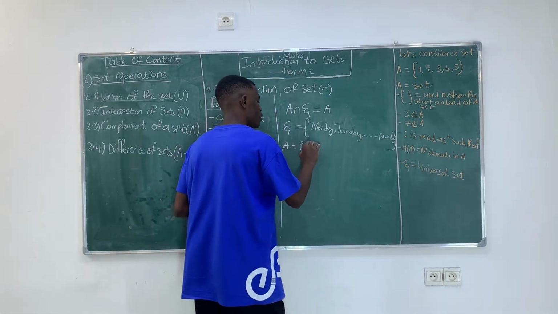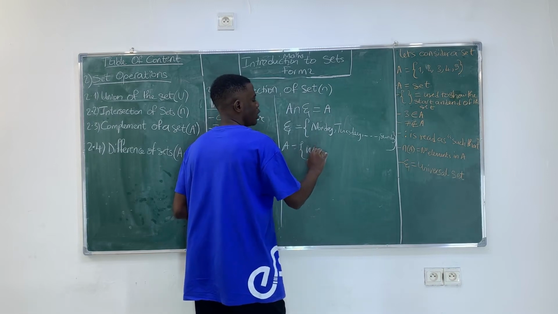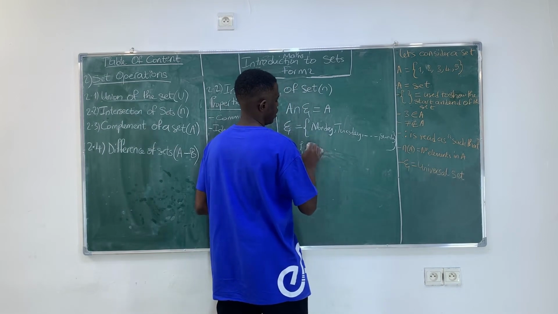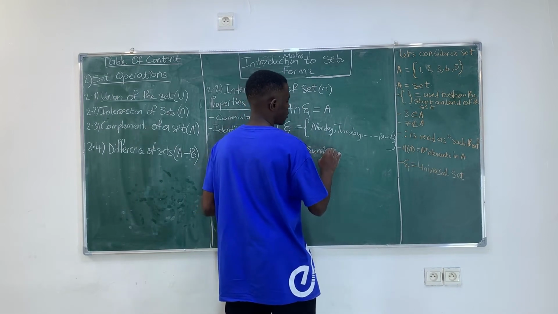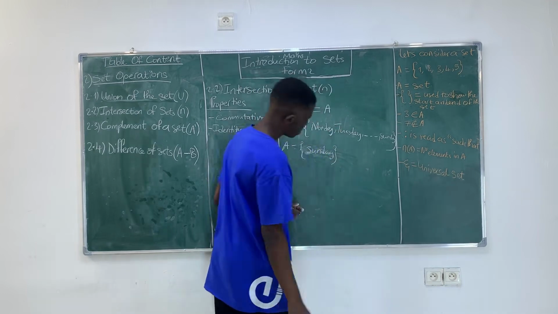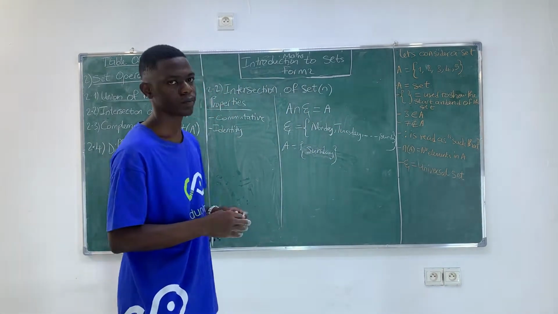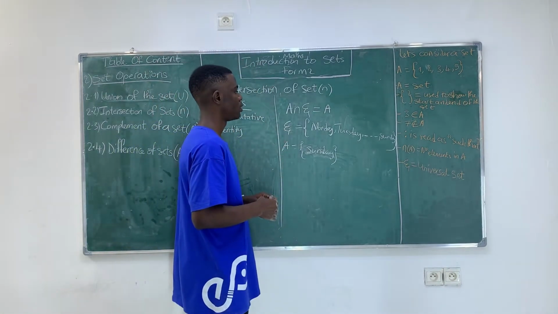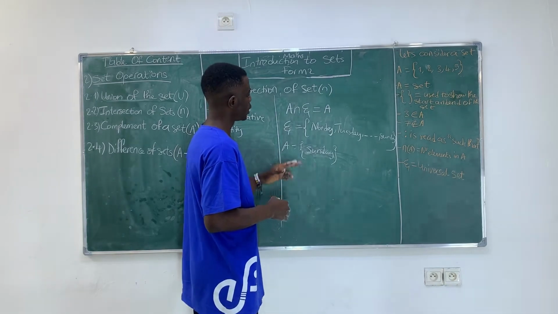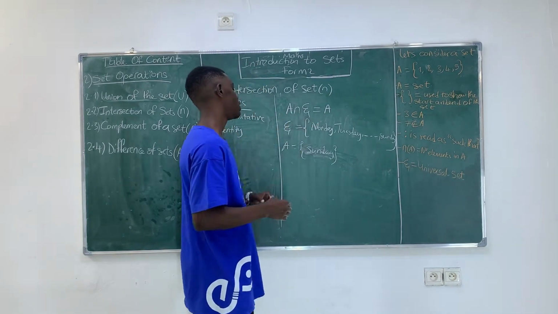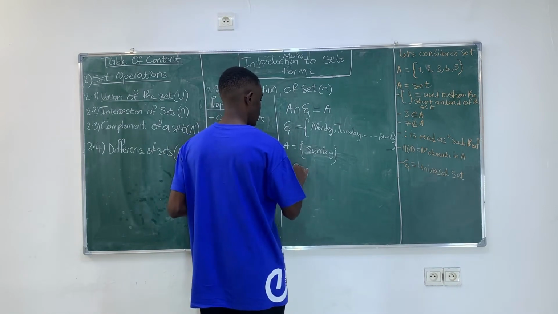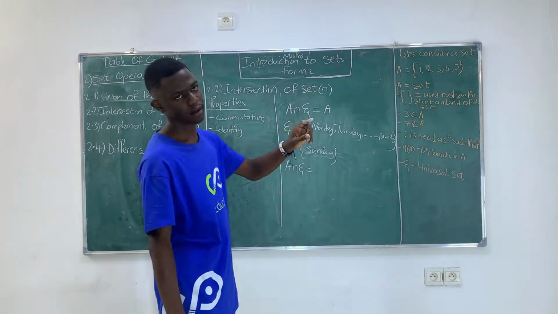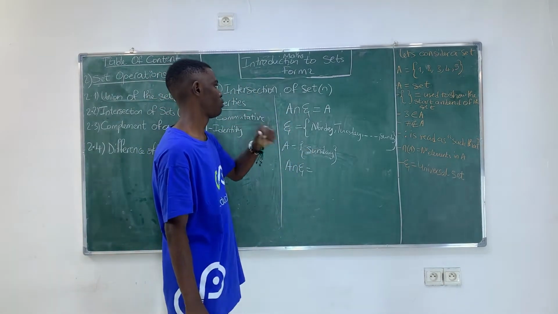And let A be equal to Sunday. So A is equal to Sunday, and then we have the whole set. Let's try and see A intersection the universal set.